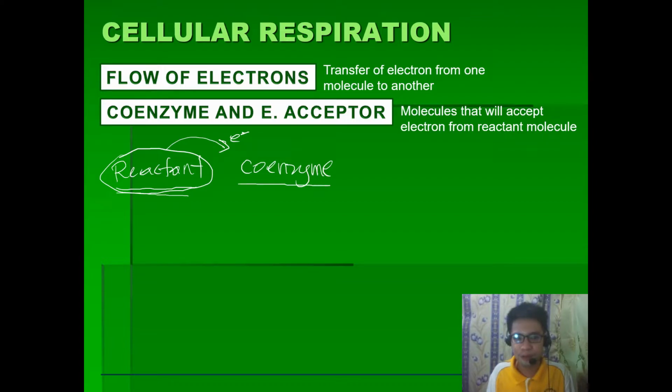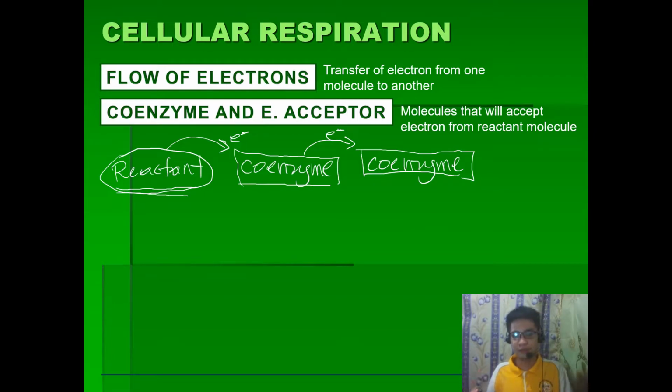The coenzyme will accept the electrons that have been lost by the reactant molecule. Now, the next step is that the coenzyme will transfer the electrons it accepted to another coenzyme. And then, from the transfer of electrons from coenzyme to another coenzyme, the electrons will now be passed to what we call an electron acceptor.